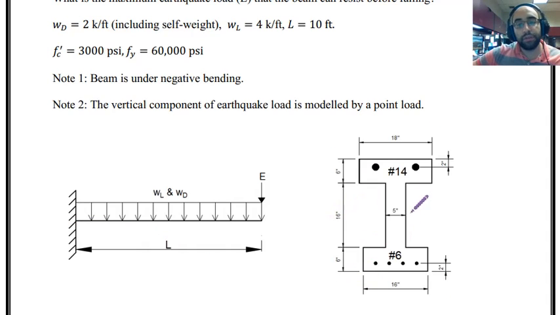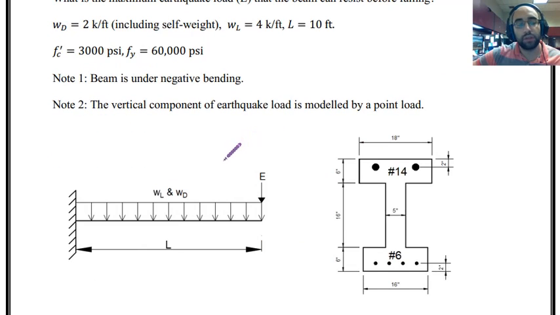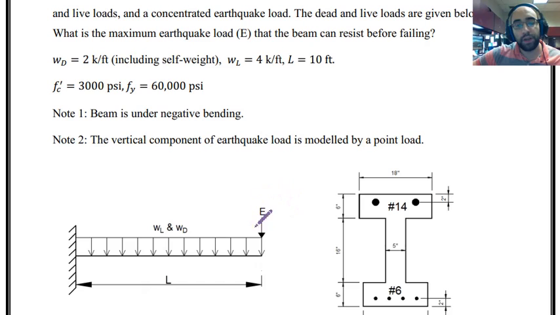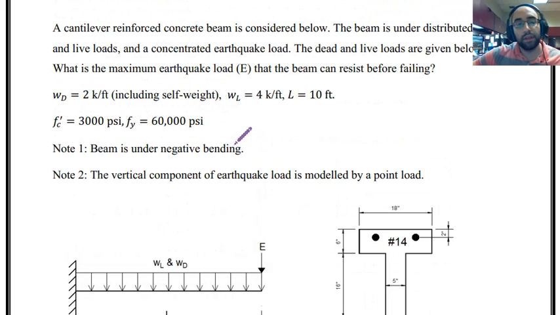So now we know what the section is. We learned about the geometry of the section. We know that there are two major reinforcements in the section, tensile reinforcement and compressive reinforcement. So this is a double reinforced section. And as I told earlier, the question is asking about finding the maximum earthquake load that can be applied to this section without failure.